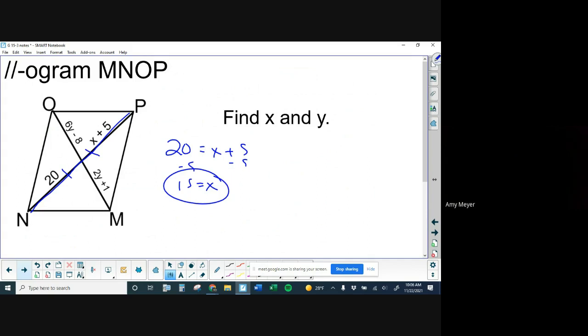You just end at 15, your x value. Y. Y is also a part of a diagonal, and this diagonal is also cut into 2 equal pieces, bisected. So 6y minus 8 equals 2y plus 1. You can check your algebra.